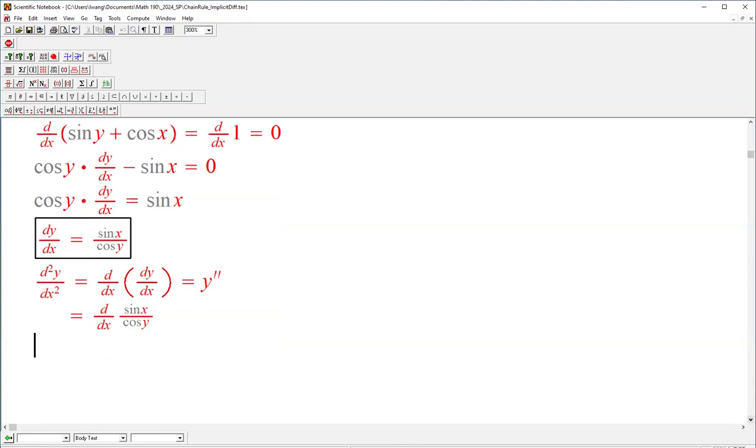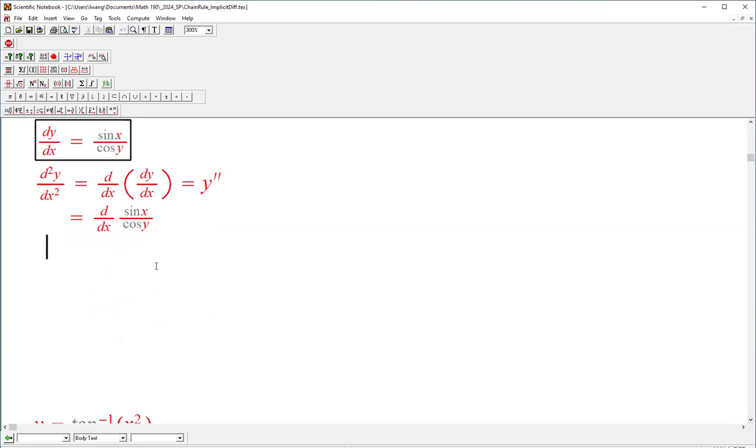Quotient rule. So we're going to have cosine squared y, the denominator squared. Numerator: the derivative of sine x is cosine x, and multiply by cosine y.